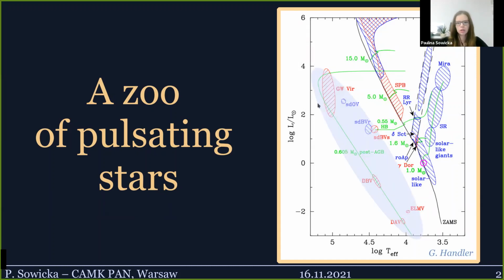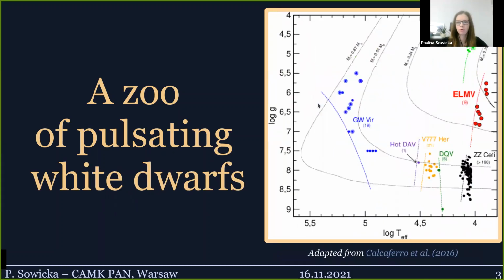And if we actually zoom in here, we can see that the white dwarfs also come in many different flavors. And my work is mostly focused on the GW Vir stars. This instability strip is the first one that is approached by a post-AGB star. Then we have the domains of DB white dwarfs or V777 Hercules stars, or DA white dwarfs, also called ZZ Ceti.